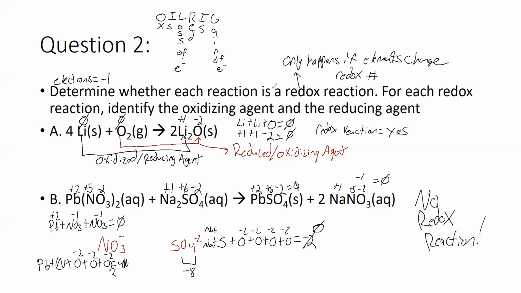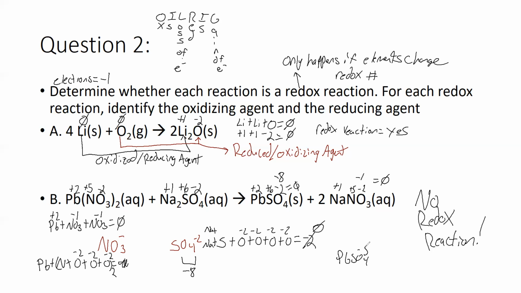If you're confused: PbSO4, +2 plus 6 minus 8 equals 0. Remember, we have 4 oxygens, so overall 4 times -2 equals -8. However, each individual oxygen is -2. That's what people often get confused on. When writing oxidation numbers on the test, if I said PbSO4, what are the oxidation numbers?